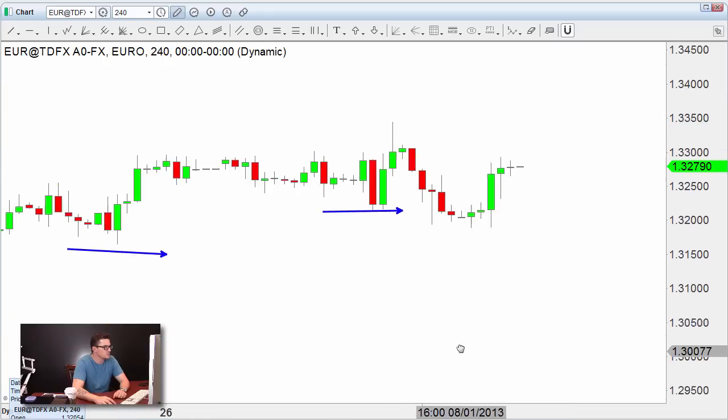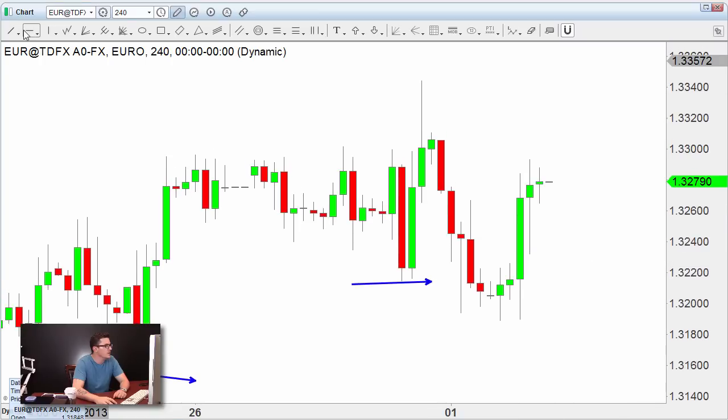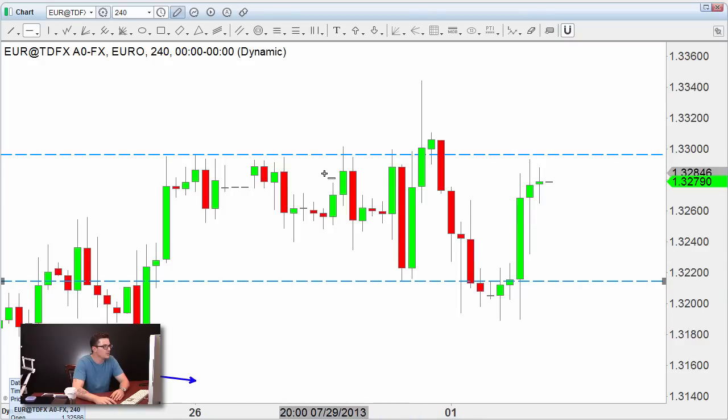If I come down in here, I can take the high water mark. We see that the market initially broke out to the upside, and then we came back down. I'm going to delete this line and draw in another line at the very low point. So initially the market rallied up to here, then we pulled back, we tested again, we pulled back, we tested again, then we came in, boom, tested the low point, and we break out to the downside.